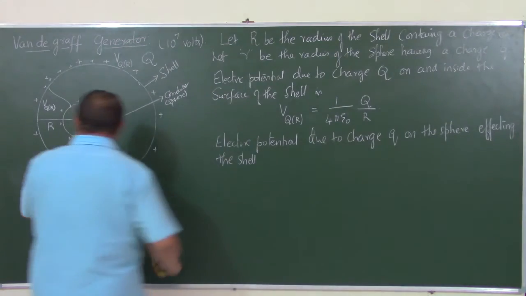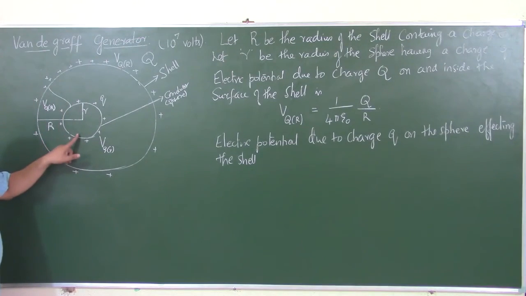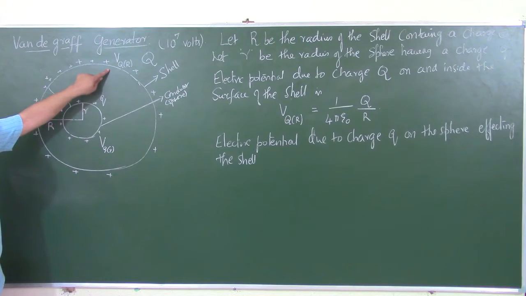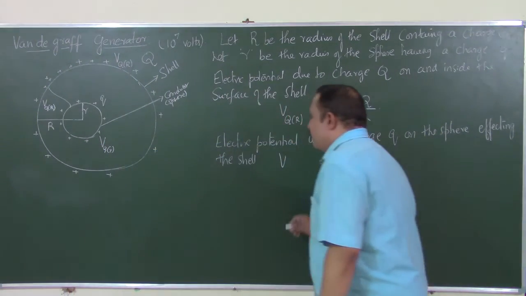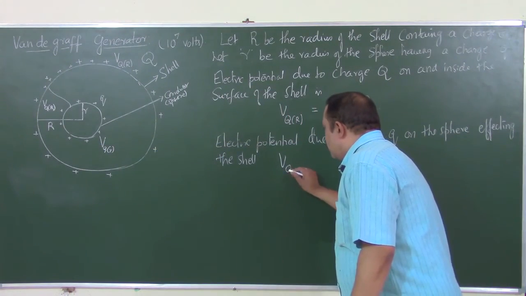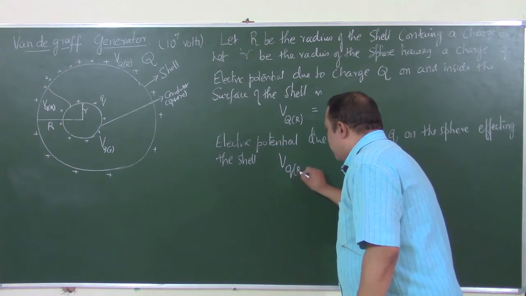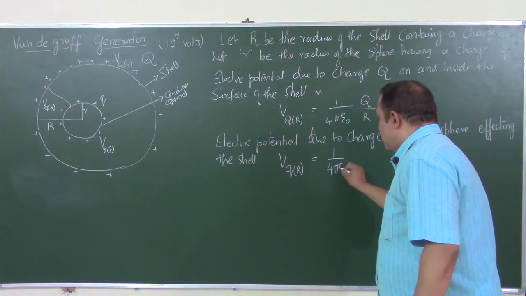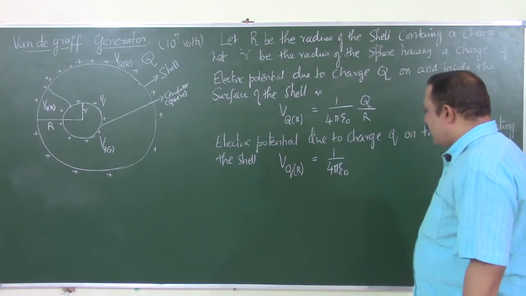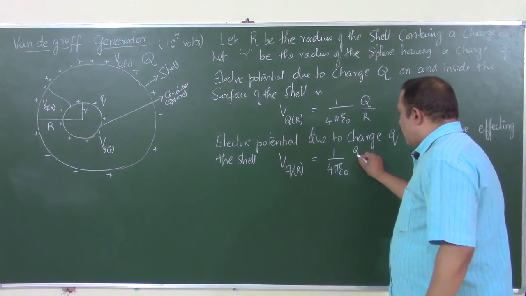See, this is also charged, the sphere is also charged. So, the shell is under the influence of electric potential due to the sphere also. Now, this is V_q of capital R, and this is 1 by 4 pi epsilon naught, q by R.